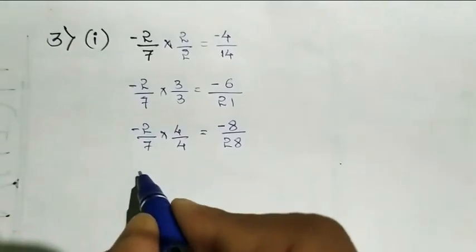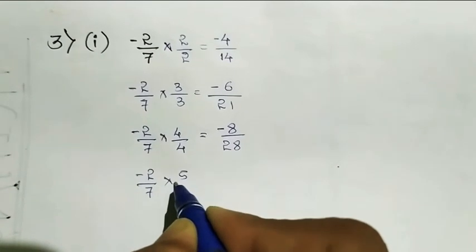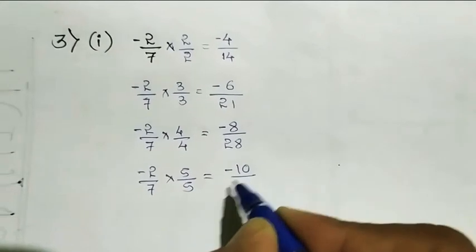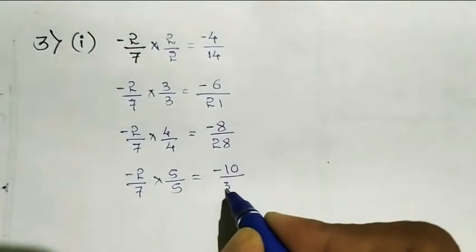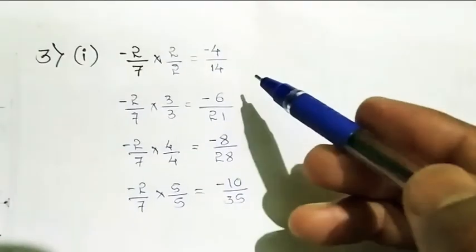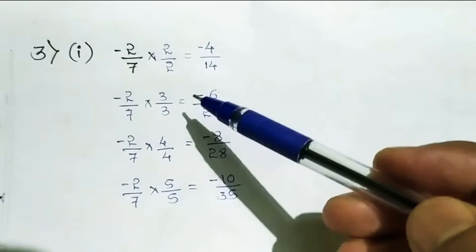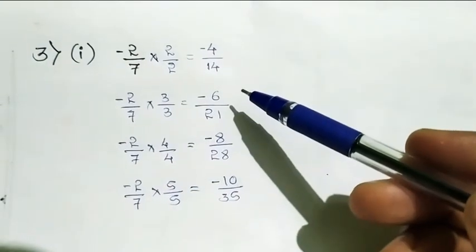Next, minus 2 by 7 multiply with 5 by 5. Here we will get 5 2s are 10, which is minus 10, divided by 7 5s are 35. So like this you have to multiply numerator and denominator with the same number, and you will get the equivalent rational number.